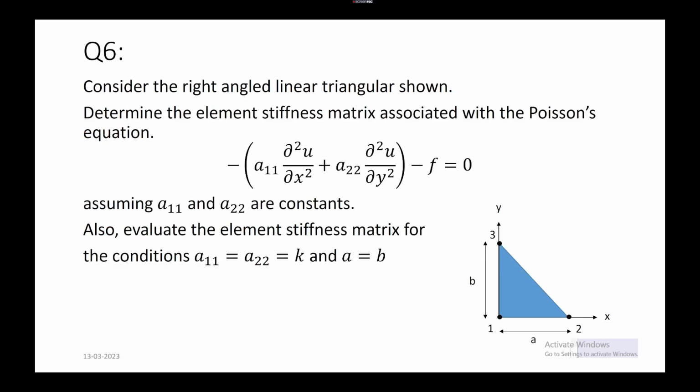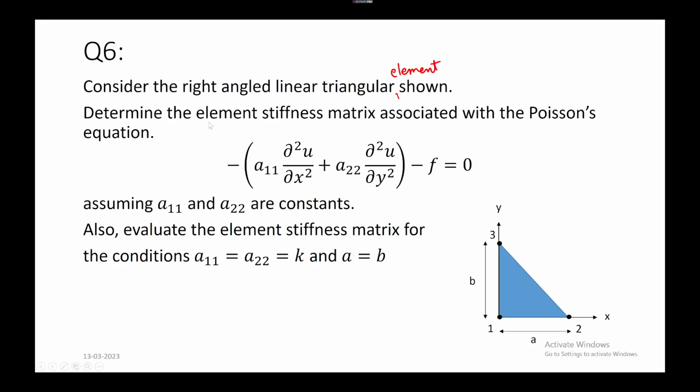Okay. So we have this right angled linear triangular element. So I missed the element, so it should be here, element shown below. So determine the element stiffness matrix associated with the Poisson's equation. So this is the Poisson's equation which is given. So how to determine the element stiffness matrices?